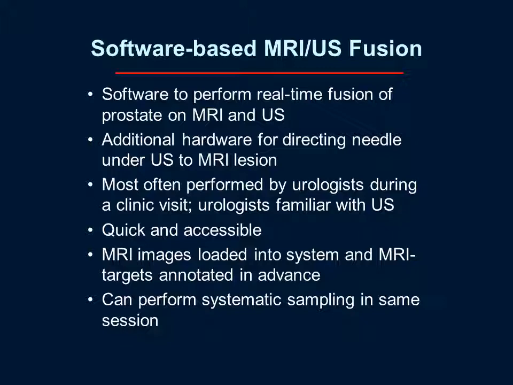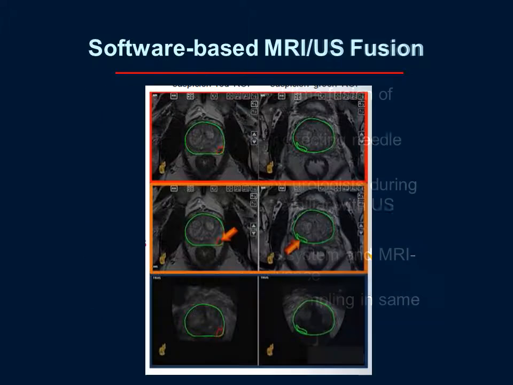The way this works, the MRI images are loaded into the biopsy system, and the targets are annotated in advance. And the urologist can readily perform systematic sampling during the same biopsy session. So there has to be an initial planning session in which typically the radiologist demarcates the boundary of the prostate on MRI as well as the boundary of lesions.